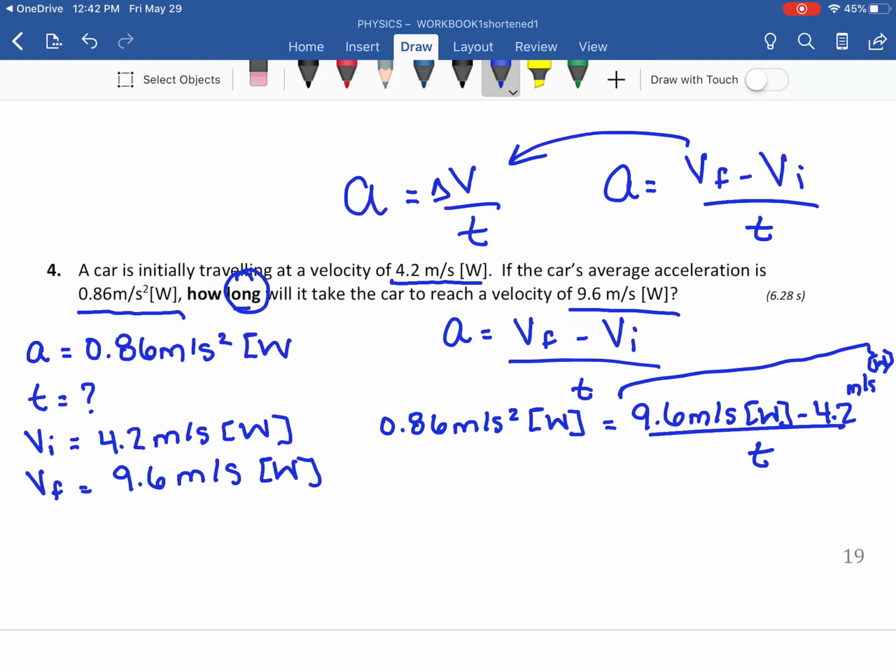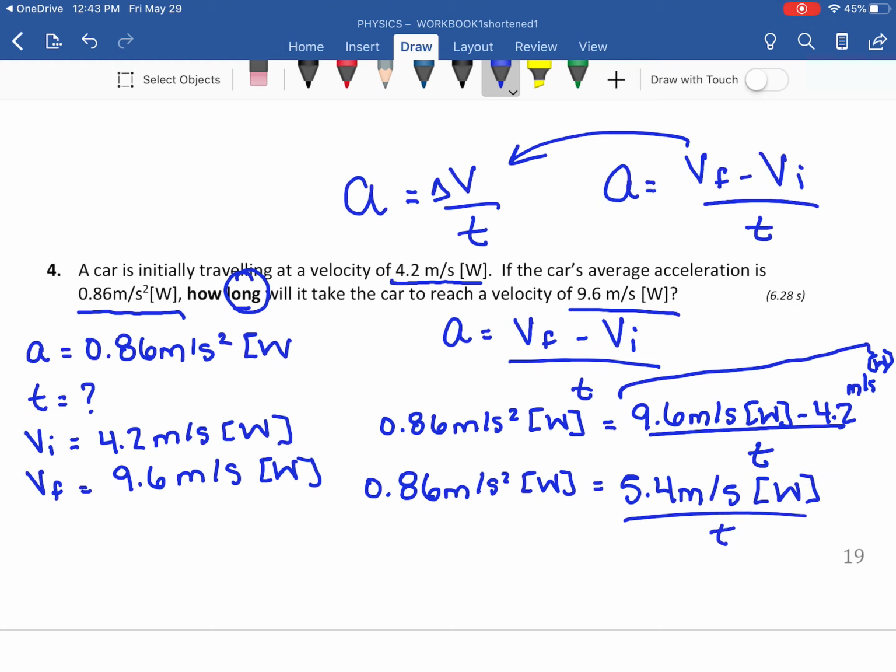I'm reworking that as 9.6 subtract 4.2, and I will write that as my new velocity. So 0.86, I'm just dropping down that acceleration again. All I've done here is that subtraction, and that equals 5.4 meters per second, still west. That way I just have one velocity to deal with.